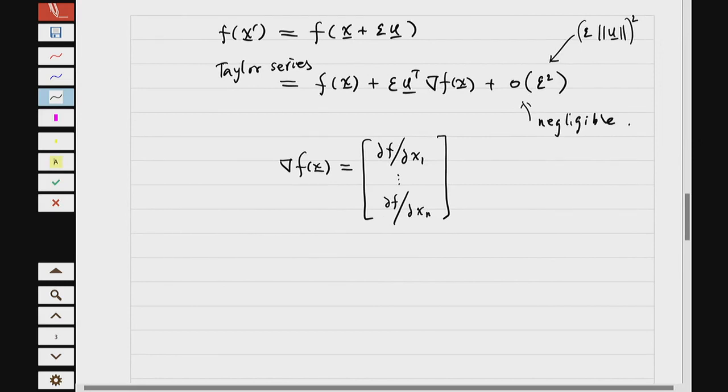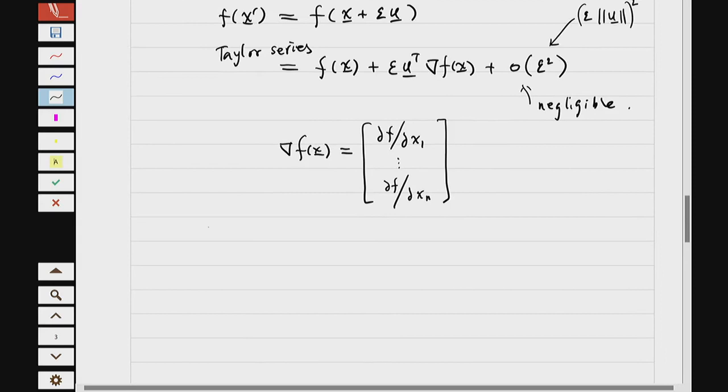Now, given that the third term is negligible, and the first term is already given, we just need to minimize the middle one, this inner product. So we want to find u to minimize the inner product.